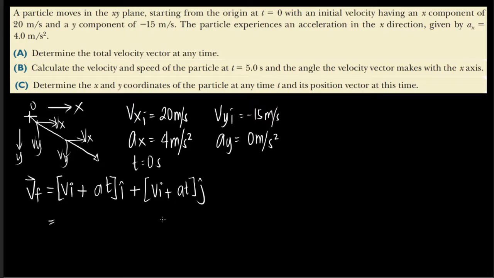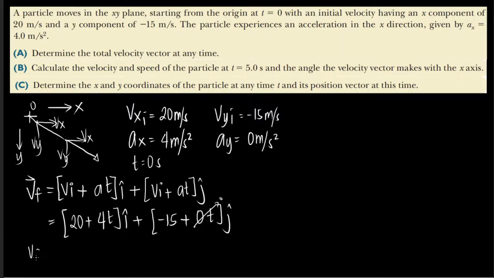Put in all the values. So, Vi is 20 plus A for our x is 4t, i, plus, okay, Vi is negative 15 for the y-axis, plus our acceleration was 0, t, j. So this is now 0.